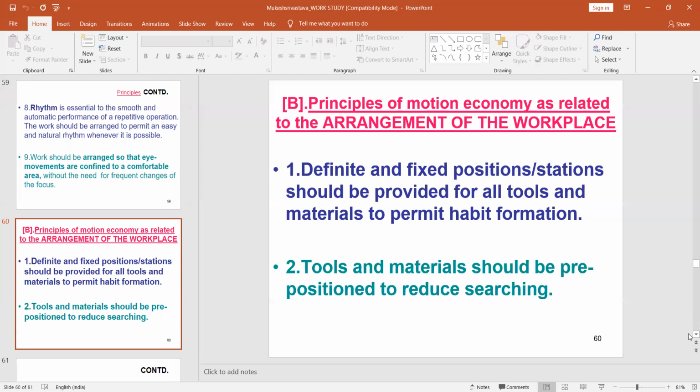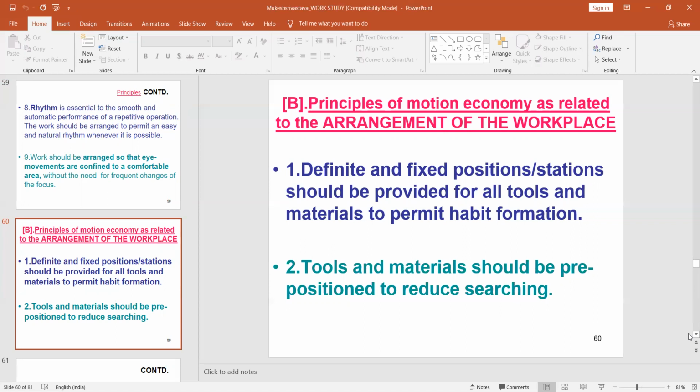You can put those in the dark also. So that is basically what happens in workstations as well. We need to make fixed positions for the equipment, tools and material, so that it becomes our habit to put and pick that material from that specific place.